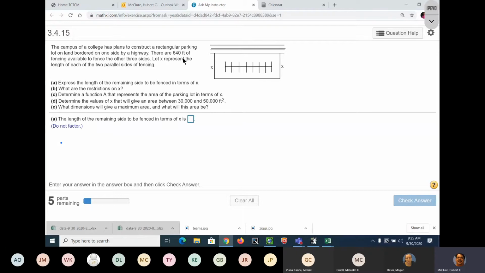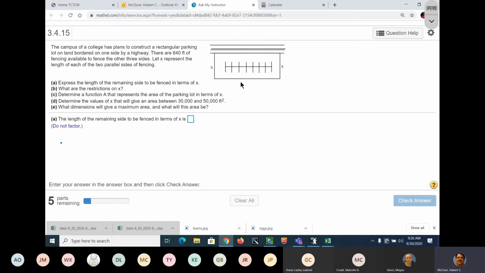Let X represent the length of each of the 2 parallel sides of the fence. Express the length of the remaining side to be fenced in terms of X.